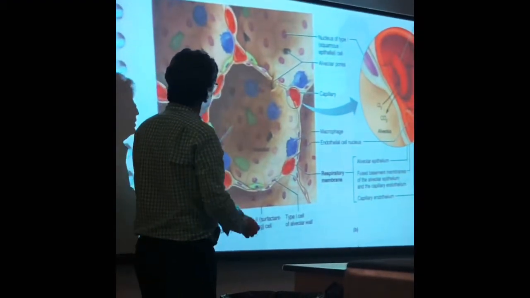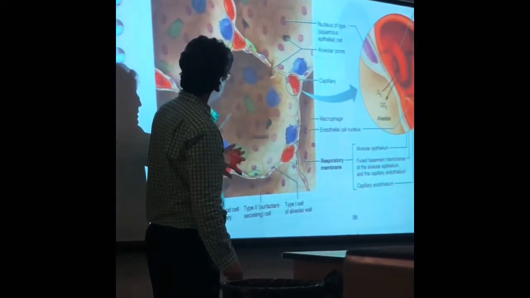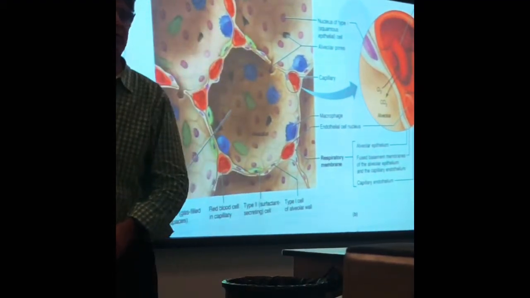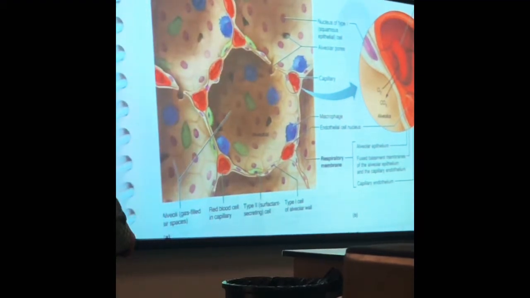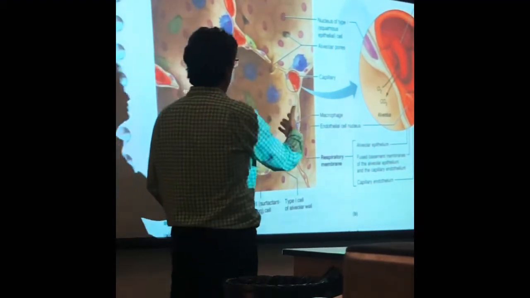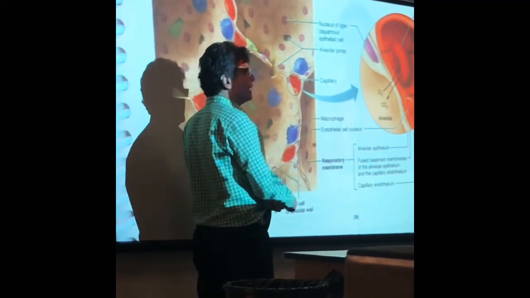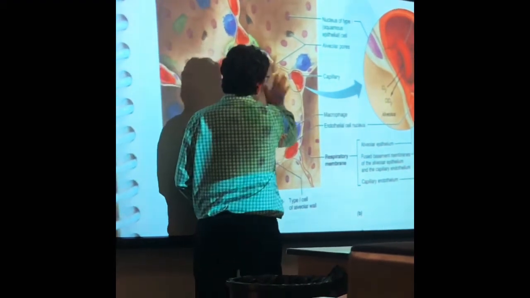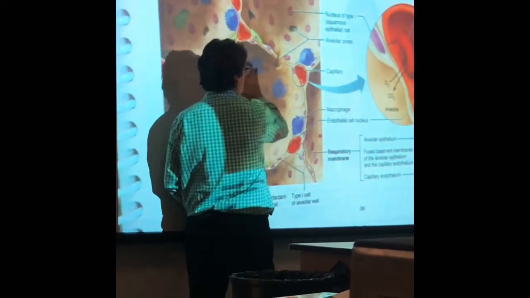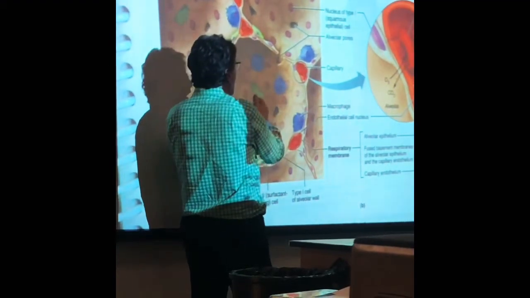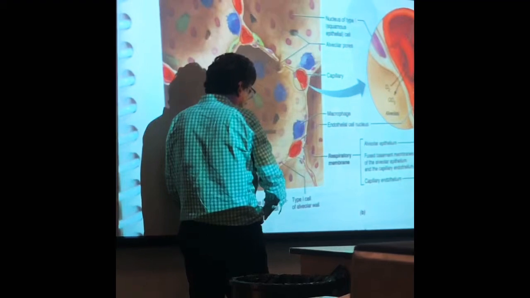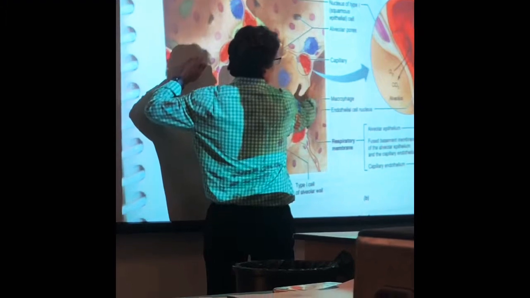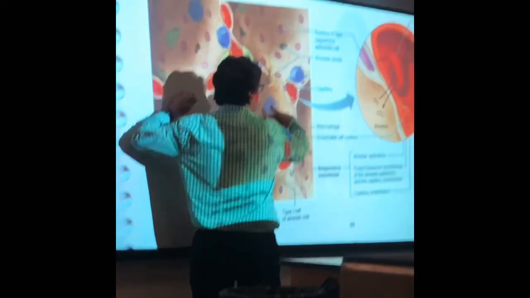Type 2 cells, I think they point them out as the green things here, they make surfactant. Type 2 alveolar cells make surfactant. When we exchange gases, to make it easier, the respiratory membranes start to warm and humidify the oxygen. So there's a lining of like watery substance here. When the diaphragm moves down, the external intercostals move up, the lungs expand, the alveoli get larger, air comes in.